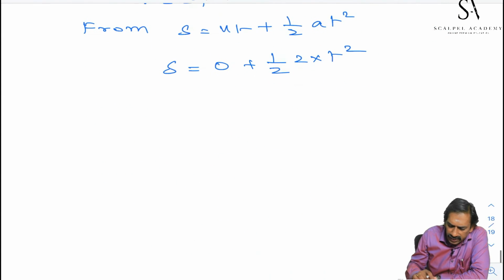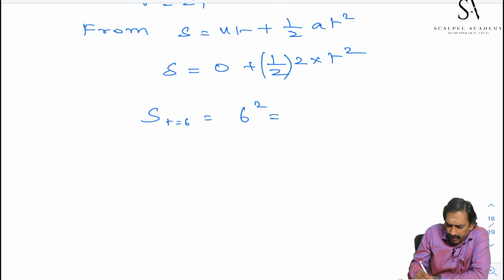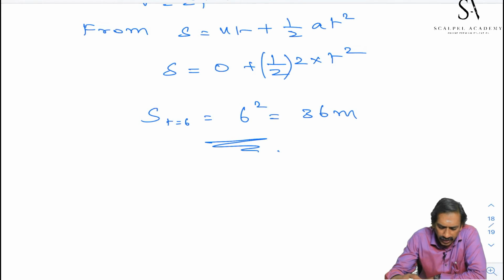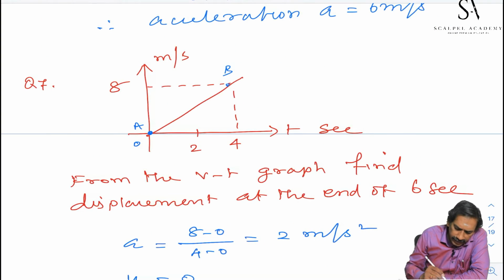Displacement at the end of 6 seconds they are asking. At t is equal to 6 seconds, these 2 get cancelled. Therefore 6 square, 36 meter. Got it. This is one of the methods. This is method 1. You can take it.